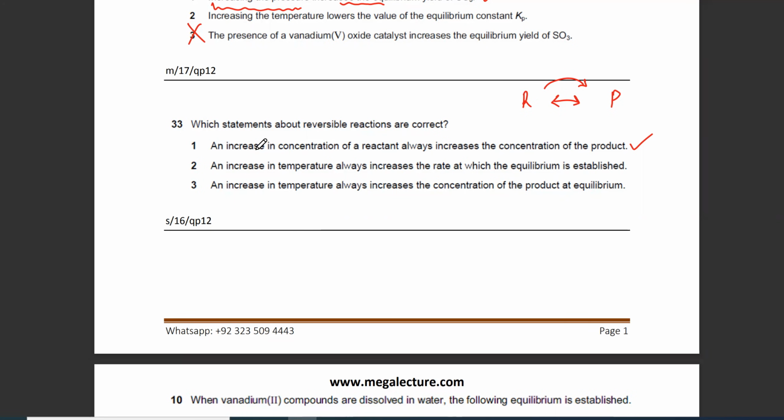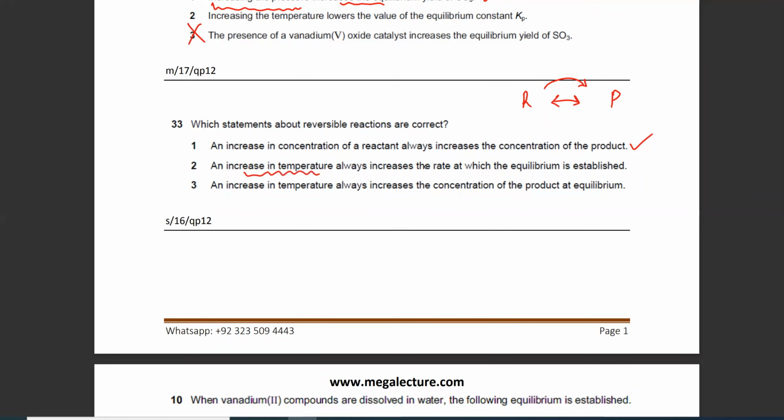Yes. And then number 2, an increase in temperature always increases the rate at which the equilibrium is established. Now remember, this one is not a statement about equilibrium position. He's talking about whether, if you increase temperature, the rate will increase, and whether it will always increase. Whenever you have a higher temperature, you have a faster reaction.